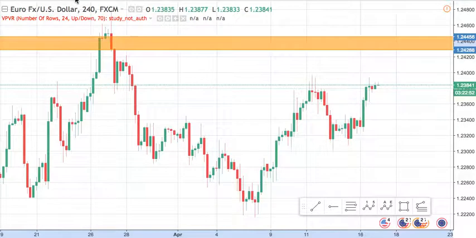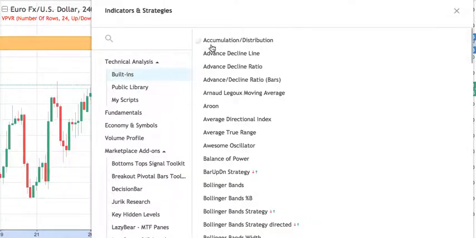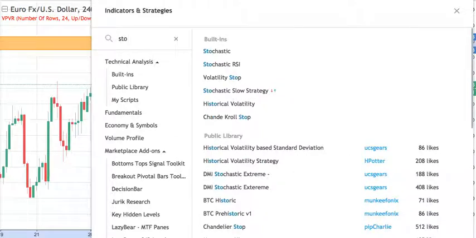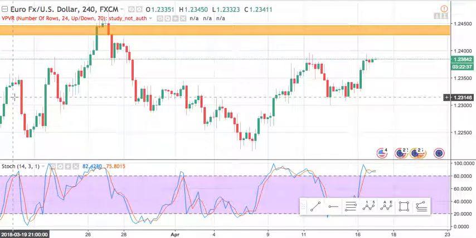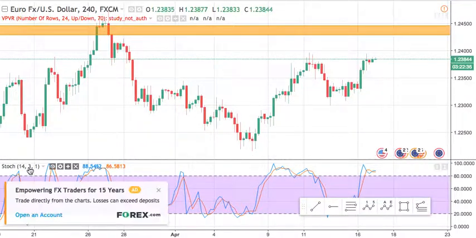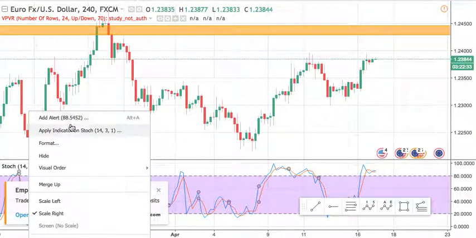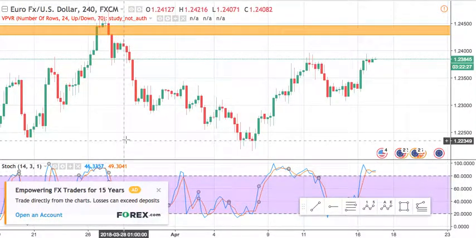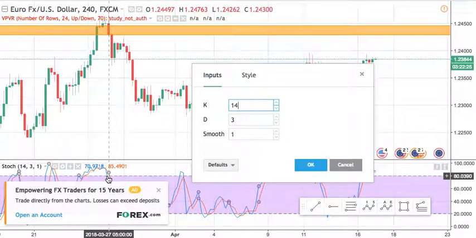So let's add a stochastic to this. When you understand price action, I'm telling you guys, all these other indicators make more sense. And I like to use my stochastic with a setting that's quite different here.